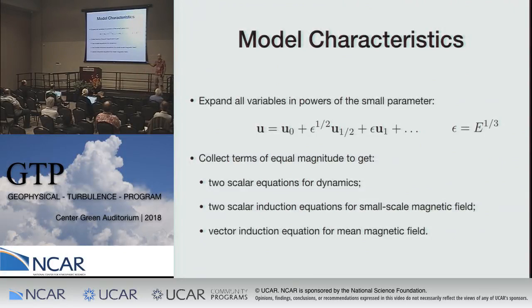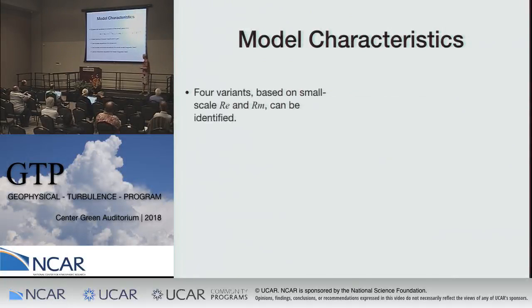In all these models that we've derived, they're all intrinsically large-scale dynamos, in the sense that you wouldn't have a dynamo if you eliminated either the large-scale magnetic field or the small-scale magnetic field. Turns out that you can derive 4 variants of this model in this limit of rapid rotation. These depend on the small-scale Reynolds number, Re, and the small-scale magnetic Reynolds number.